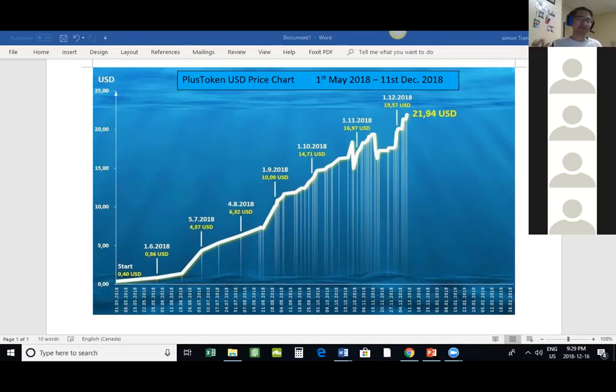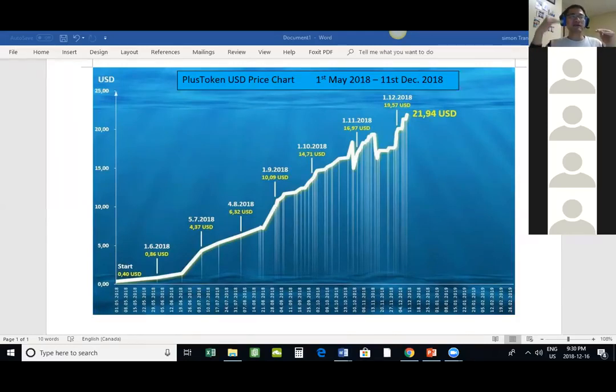Christmas time, shopping time. So a lot of people sold their Plustoken, withdrew some money, and then went to buy Christmas gifts. It's possible, but next week, it's Christmas already. So I believe people will have finished shopping, so they won't sell the Plustoken. Then the Plustoken price will go up again. So that's why the Plustoken price goes up and down. It's all about demand and supply.